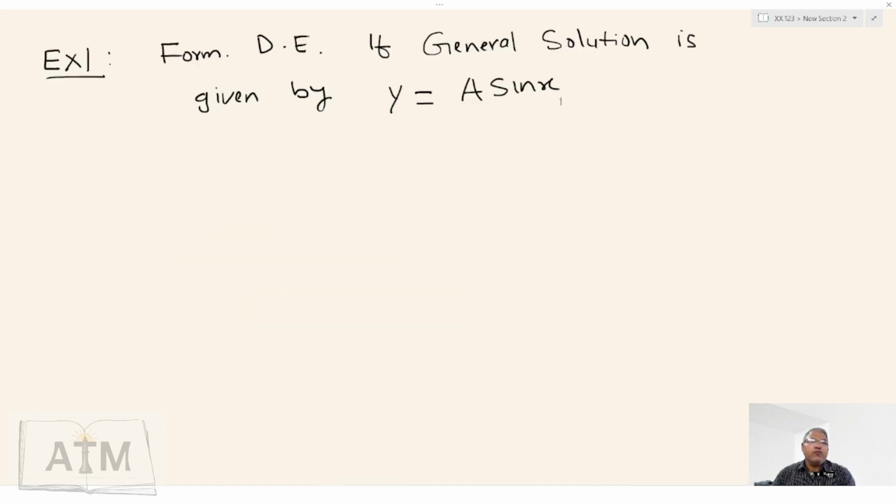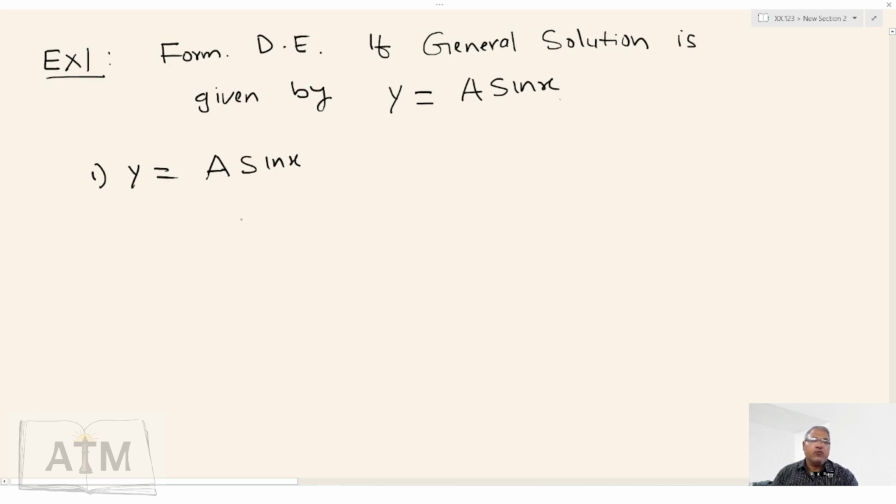Example number 1: form the differential equation if the general solution is given by y equals a sin x. So what is given? y equals a sin x. And a is an arbitrary constant here. Now we have to frame the differential equation by eliminating the arbitrary constant.